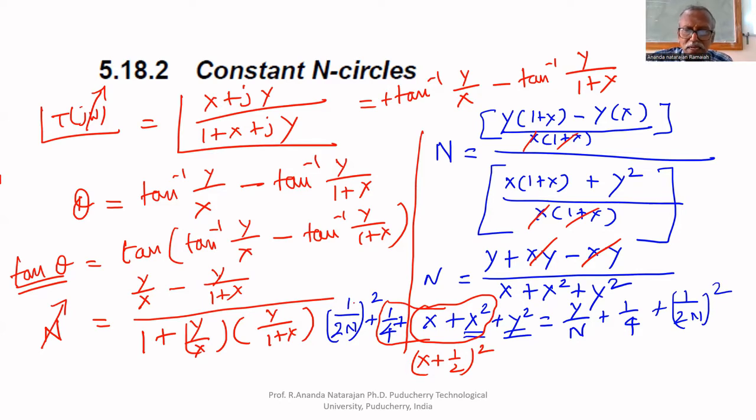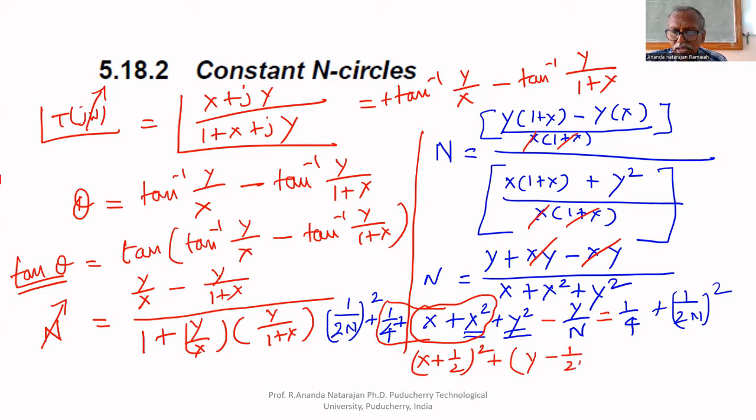The remaining is, you can bring this y by n also to the left hand side, minus y by n, to convert this into an equation.